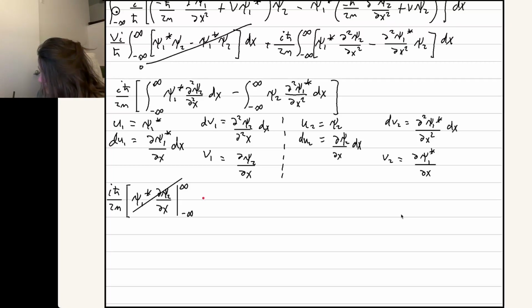Now minus the integral of v du, so the integral of del psi 2 del x del psi 1 star del x dx.